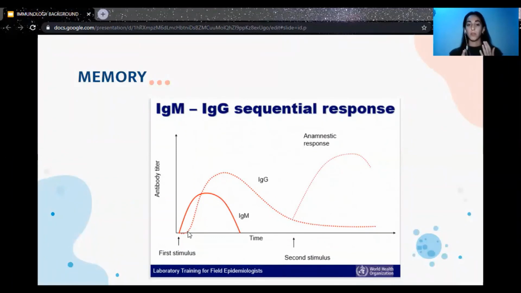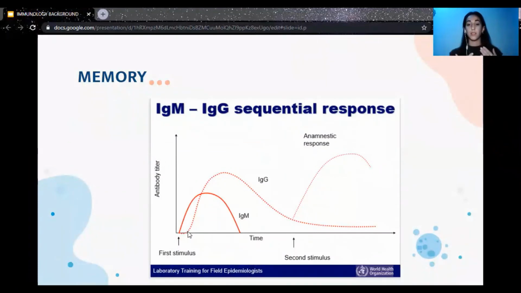After IgM, a few days later, IgG is going to be secreted. The response is going to continue until the infection is controlled. Once the infection is controlled, B cells are going to remain in a kind of pause.